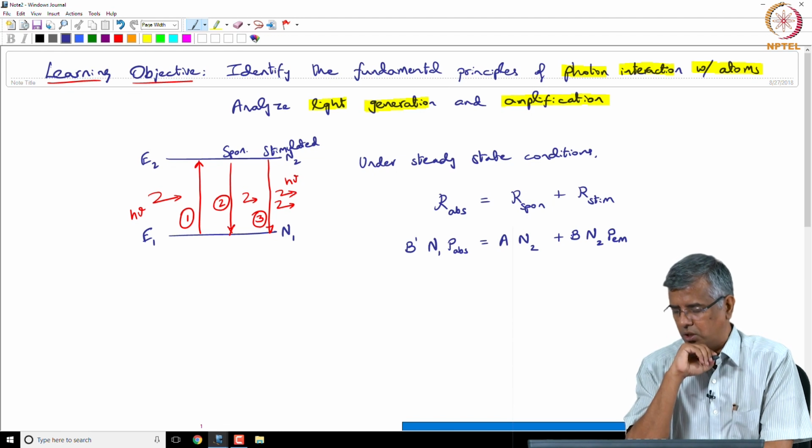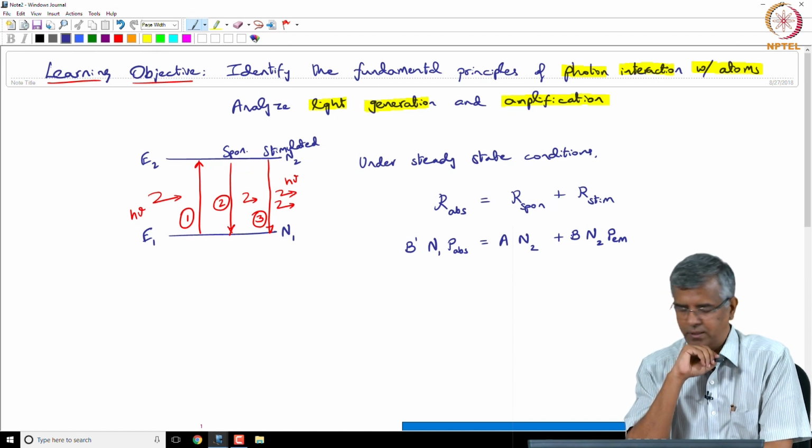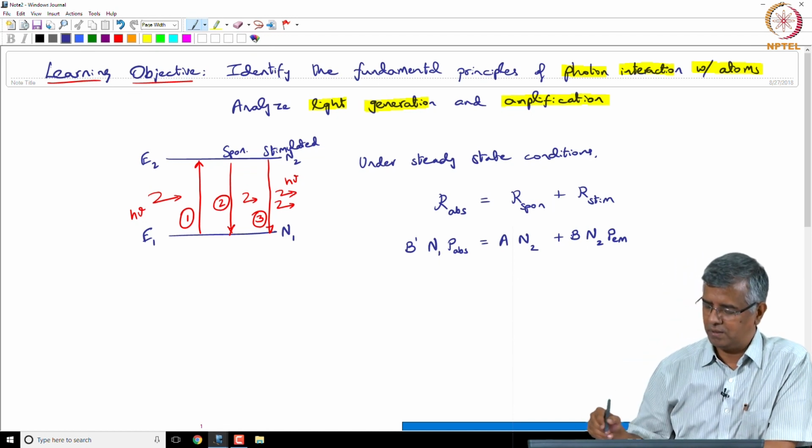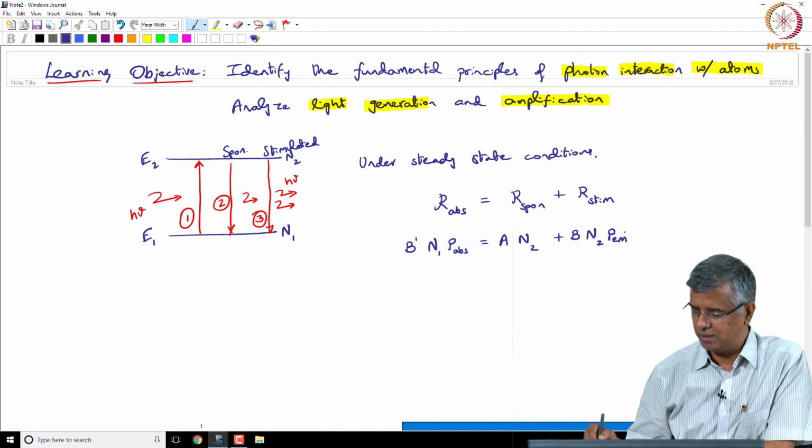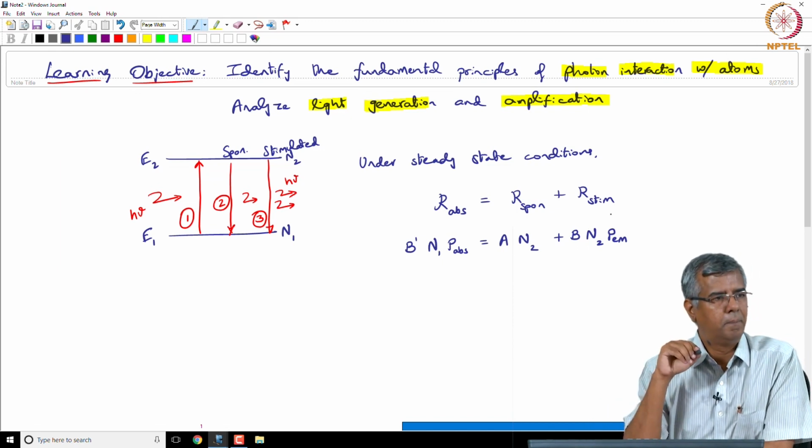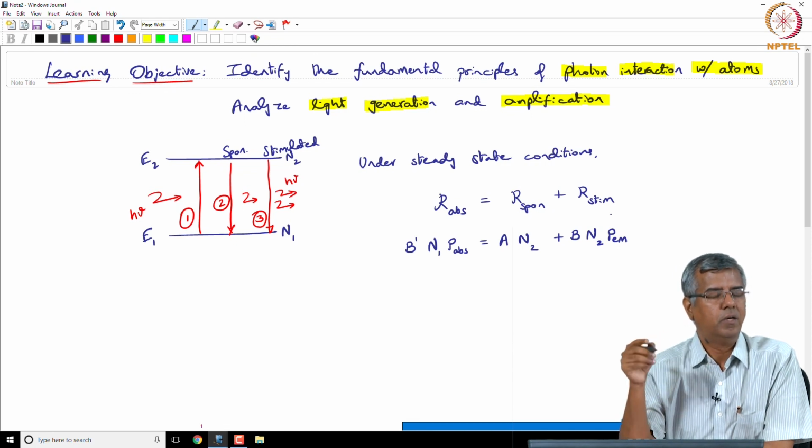Okay. Now, what is essentially different between the spontaneous and stimulated process is that P EM, the probability density of emission, actually depends on the probability that a photon comes by.